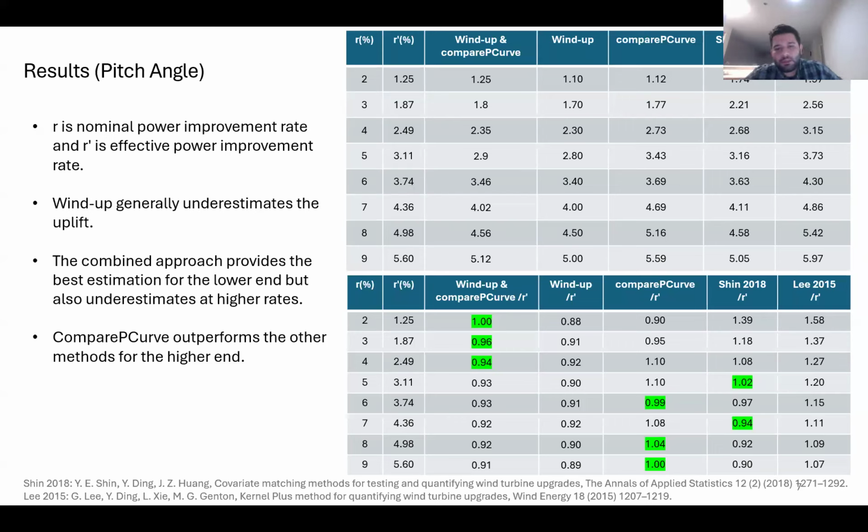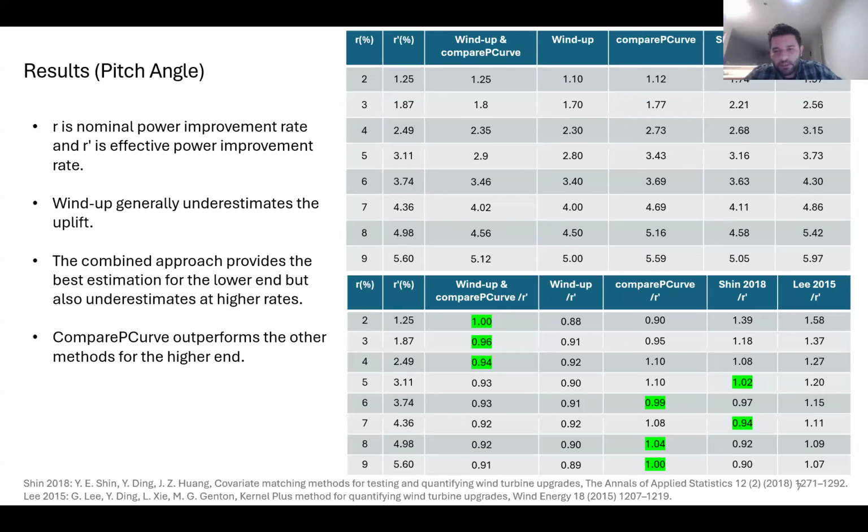This conclusion that the combined approach performs the best holds for 2, 3, and 4% improvement rates, and for larger improvements, the combined approach underestimates. And compare p-curve is the winner overall over those higher rates. Also, Shin's method, Shin 2018 method, has its own merits, and for 5 and 7%, it's achieving the best estimate.